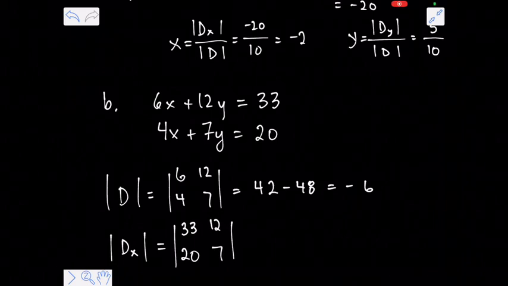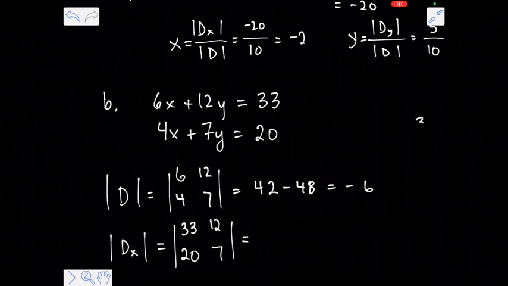So 33 times 7, let's see, 33 times 7, that's 21, 21 plus 2 is 23, 231.